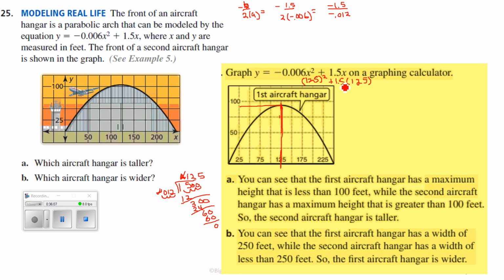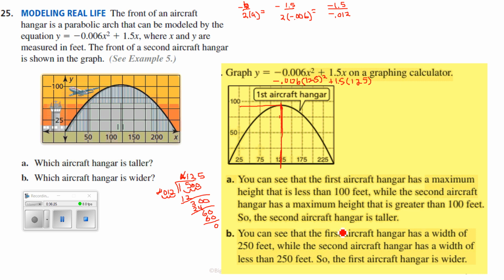All right? Let's see here. Yeah. So, negative 0.006 times 125 squared plus 1.5 times 125. We're going to get somewhere around there.